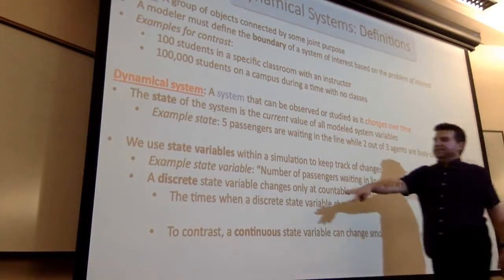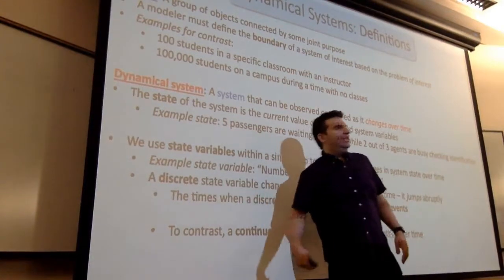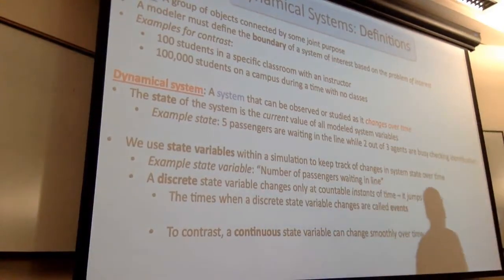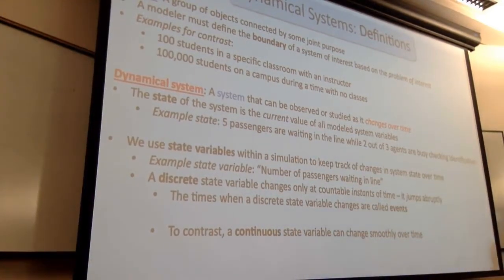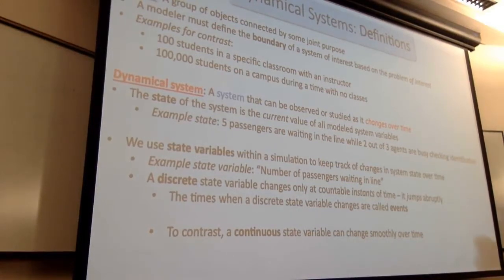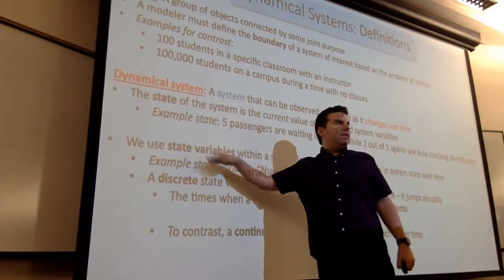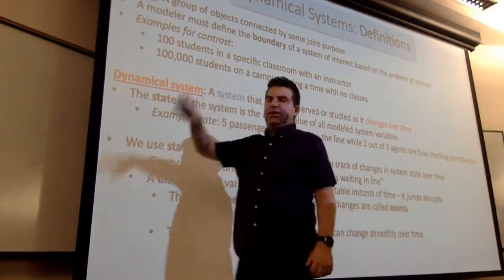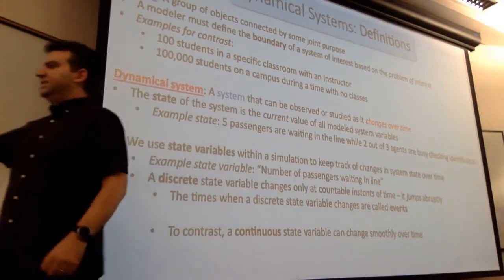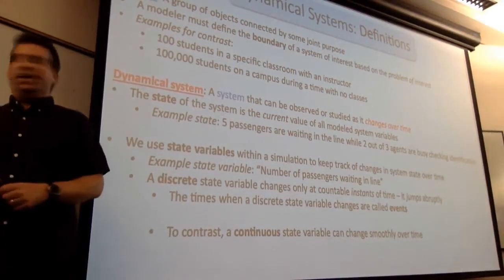Now we referred in this class to discrete and continuous state variables. Sometimes you also heard these as discrete time or continuous time. And in this class, a discrete state variable is one that can assume any value, but only jumps at countable instants of time.